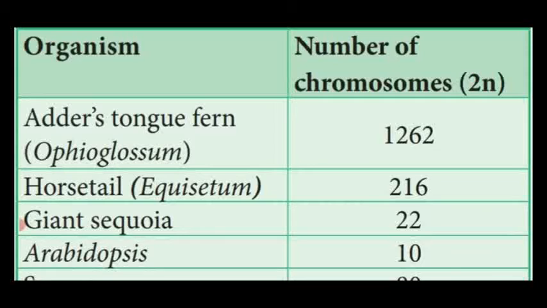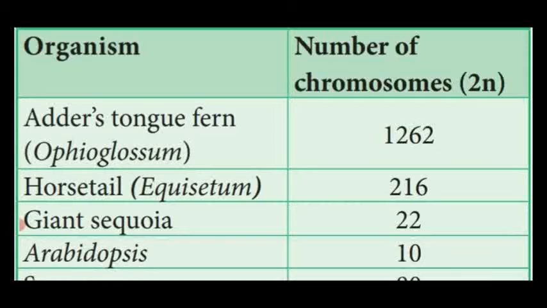First column, organism; second column, number of chromosomes, that is the diploid number of chromosomes. First one, Ophioglossum, a pteridophytic plant, otherwise named adder's tongue fern. It contains 1262 chromosomes, the highest range.